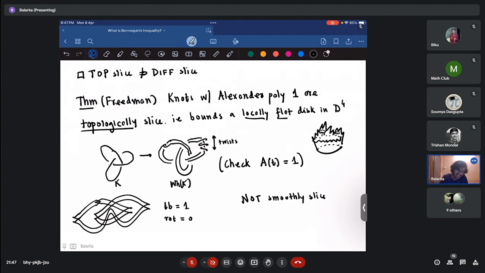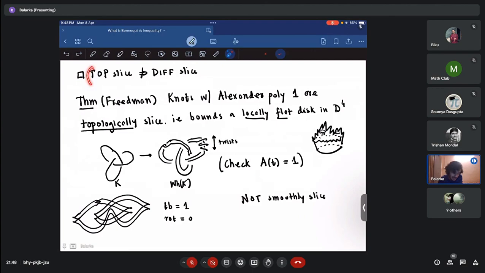Whenever you go to dimension 4, there's a strange thing that occurs. Smooth is no longer the same thing as homeomorphic. I mean, diffeomorphic is not the same thing as homeomorphic. A smooth embedding is not the same thing as a topological embedding. So what is strange is that there is a separate notion of sliceness called topological sliceness. We have discussed smoothly slice.